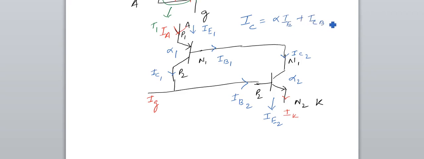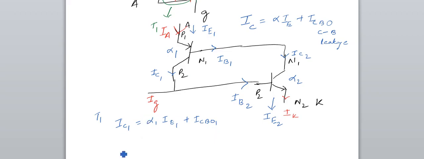Your collector current is the current gain times your emitter current, plus a leakage current that flows from collector to base. This is your leakage current. If I write the equation for T1, IC1 is equal to alpha 1 IE1 plus ICBO1.